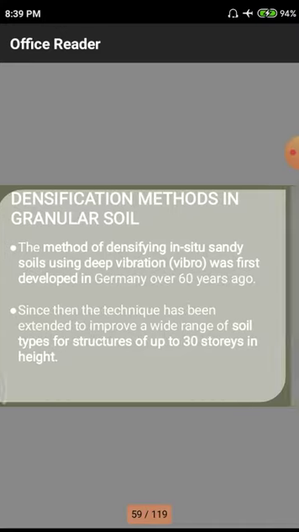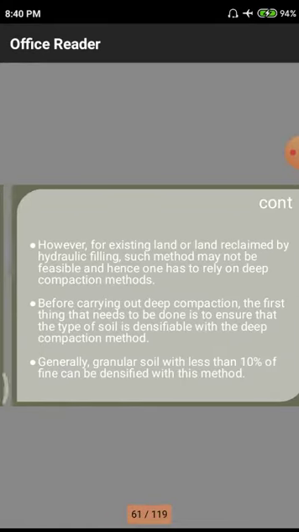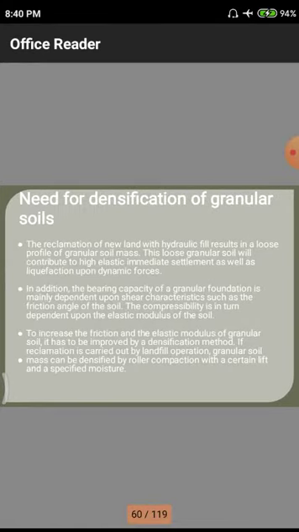Next is the need for densification of granular soil. Normally we construct small-scale buildings with smaller footings. But whenever we go to high-rise buildings, we definitely go for densification methods. Why? Because without densification there will be swelling and shrinkage due to entrainment of water and other liquid substances into the lower soil layers in different seasons.